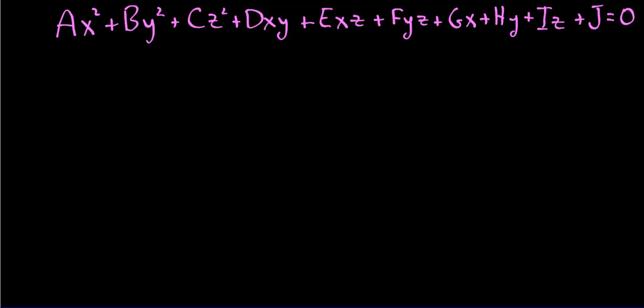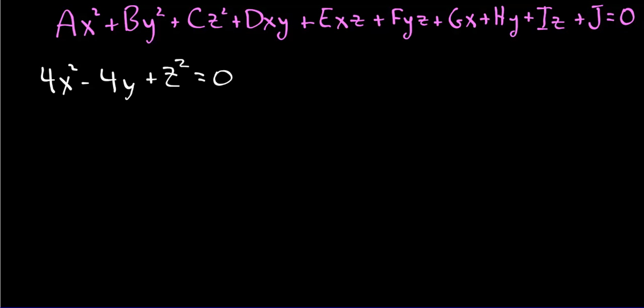So let's look at an example. Okay, let's look at this one. Let's suppose that we've got 4x squared minus 4y plus z squared equals 0. And we want to see if we can figure out what kind of surface that is, and make a determination about the traces.